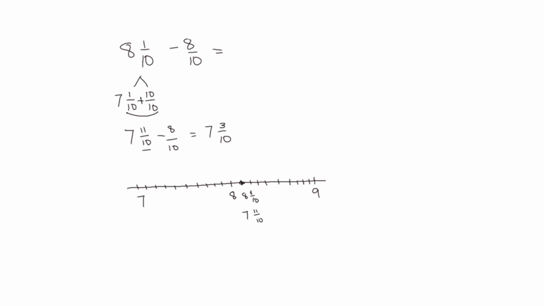Then we're going to subtract 8/10, which will take us to 7 and 3/10. So all we've really added is rewriting 1 as 10/10, adding it to the fractional part of the remaining whole number, and then subtracting.